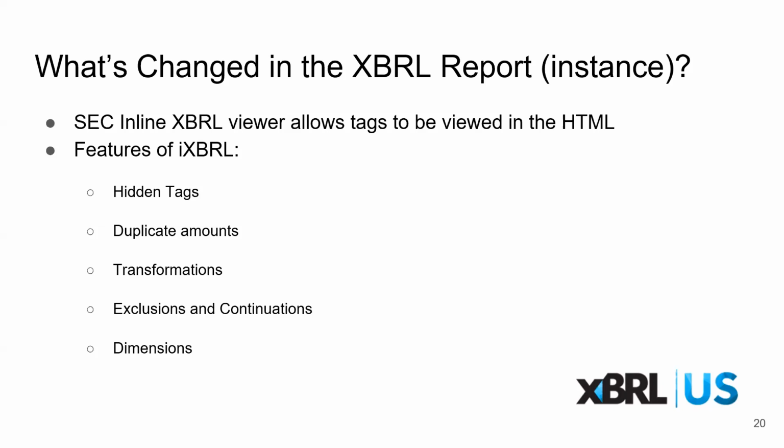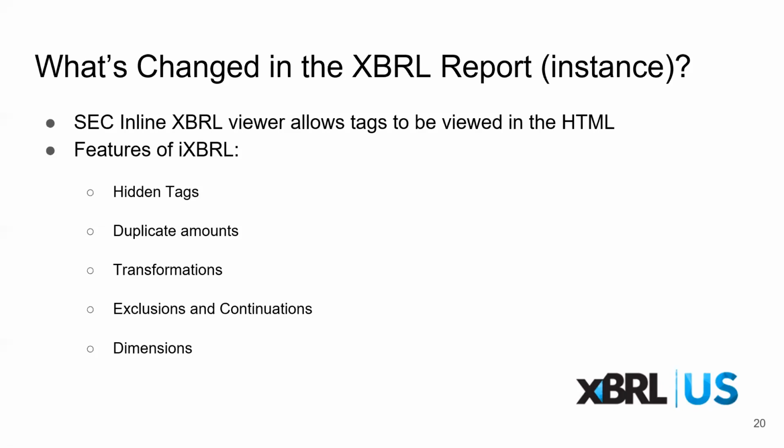Dimensions. In the inline viewer, users are able to more easily view dimensional tagging such as axes and members. However, they will look slightly different than when viewed in the traditional XBRL rendering. Again, these are major changes at a high level, and we will dive into them in a moment.